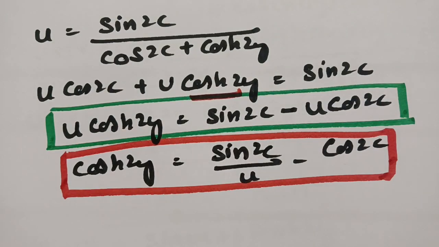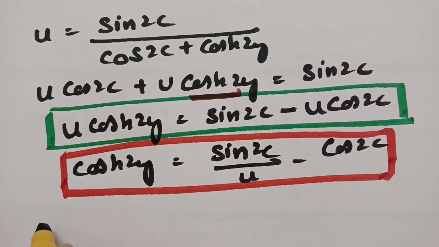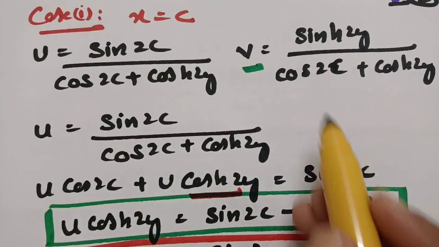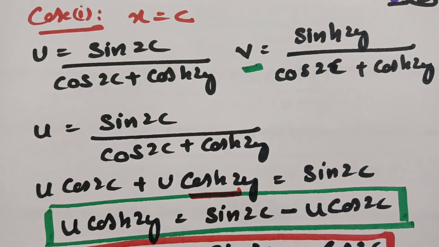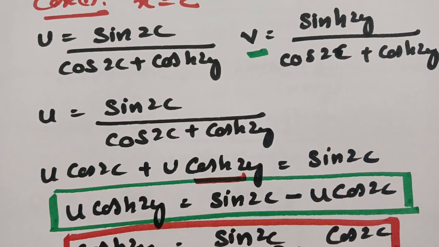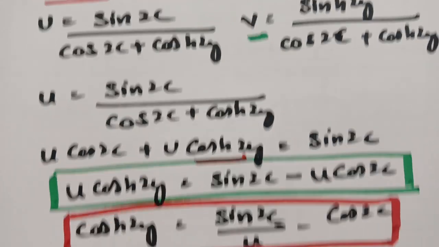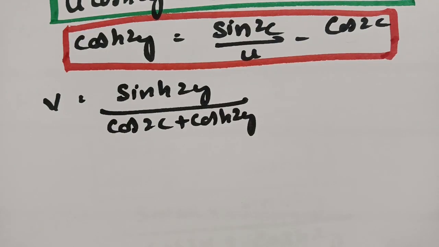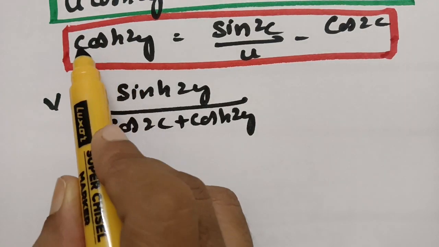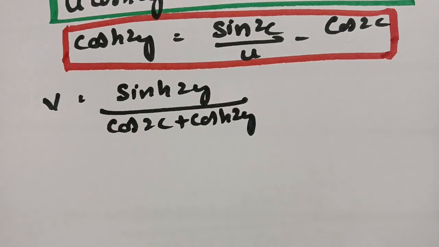So v is equal to sinh 2y by cos 2c plus cosh 2y. I need the value of sinh 2y, and I already got cosh 2y. So if I get sinh 2y from this equation, see what happens.